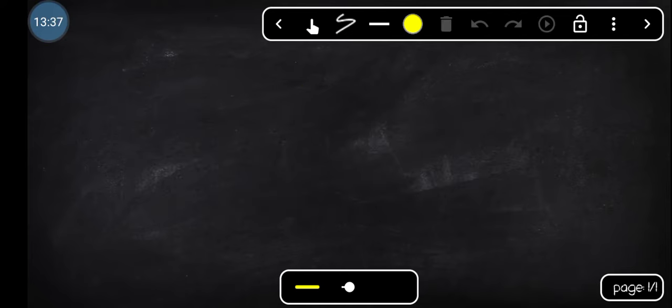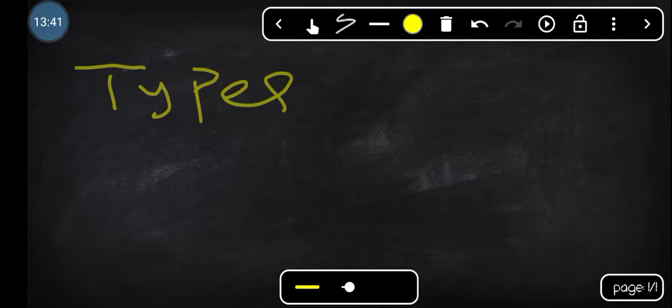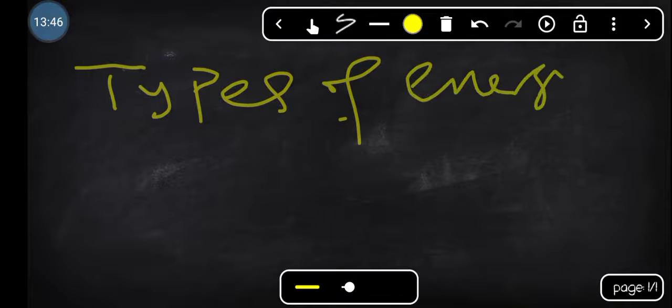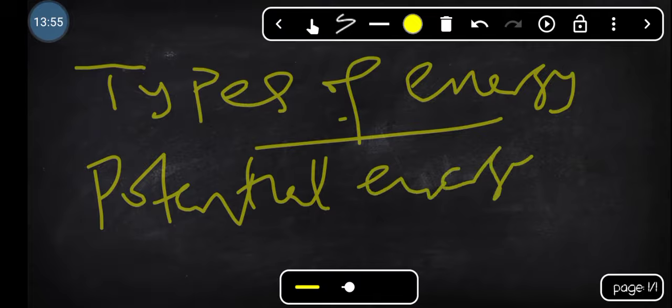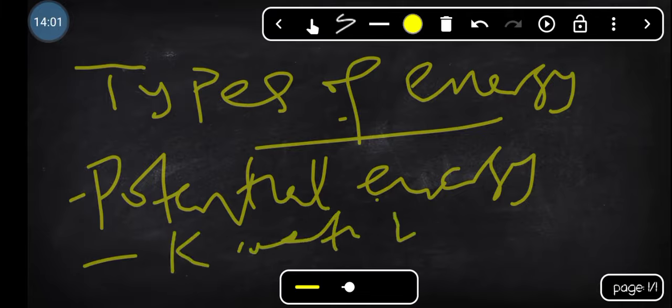Fundamentally we have various types of energy, but in this video we are just going to look briefly at these two types of energy. We have the potential energy, and again we have the kinetic energy.